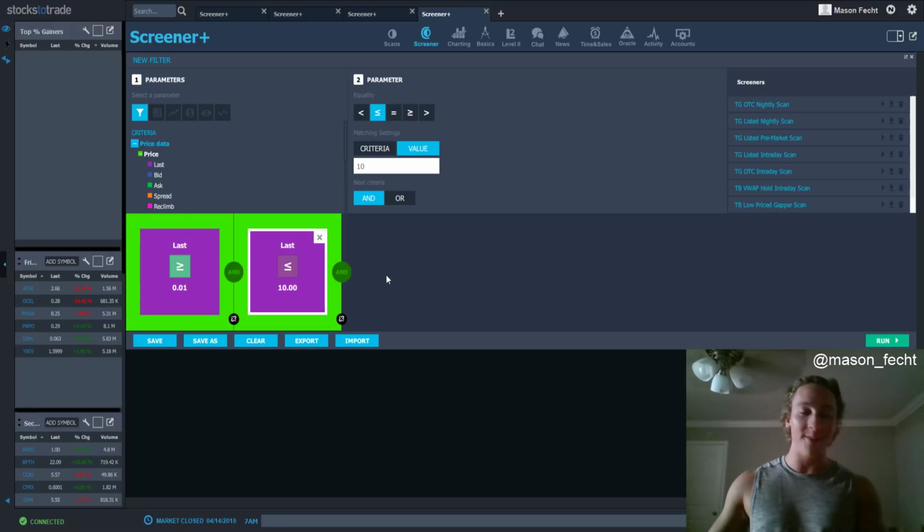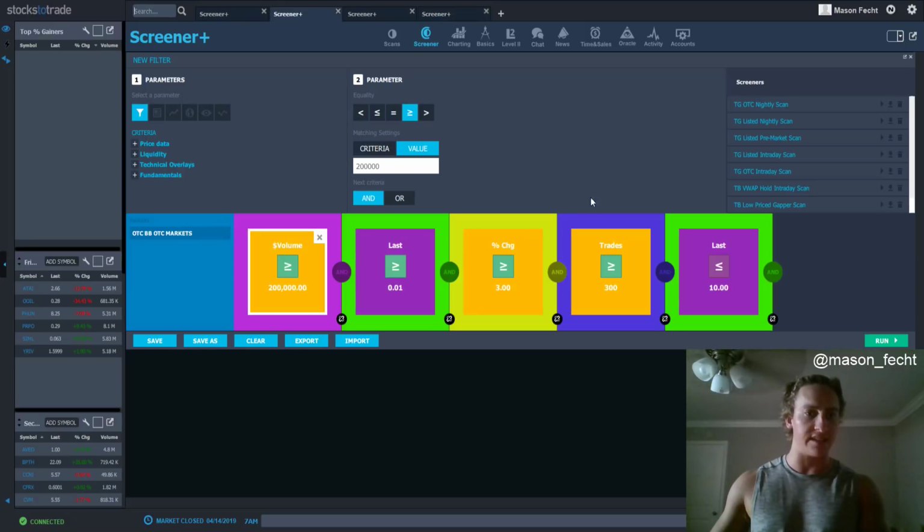So let's move on to the next thing. So we got last, greater than or equal to a penny, and less than or equal to $10. I think I was saying there's only been a handful of times that I've ever been interested in OTC that was above $10, but pretty much all OTC plays are under $10. And usually they're under like 5.